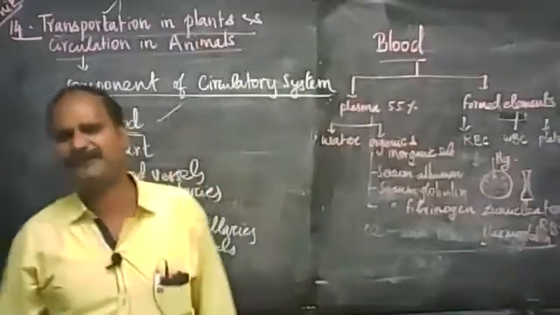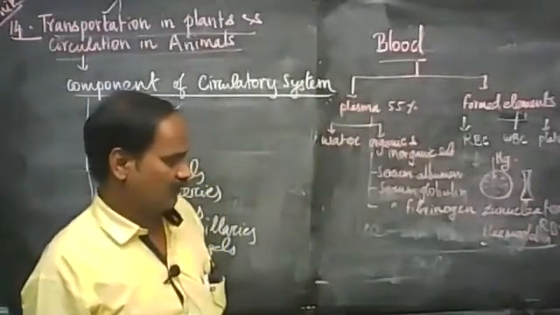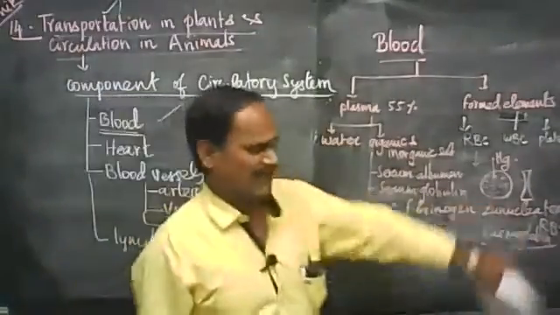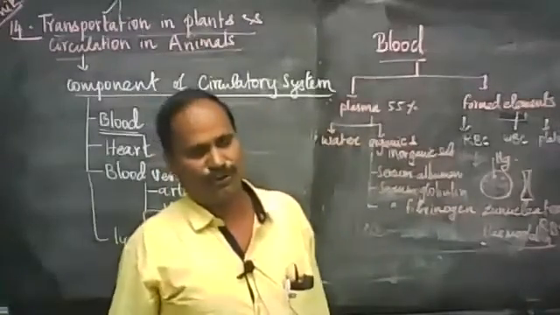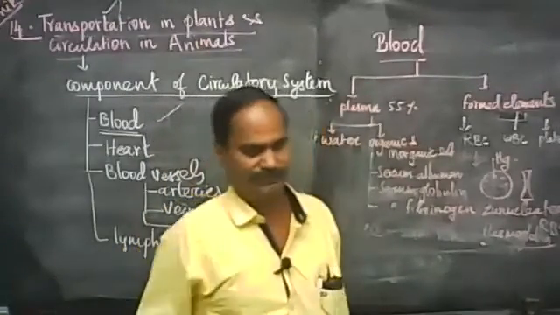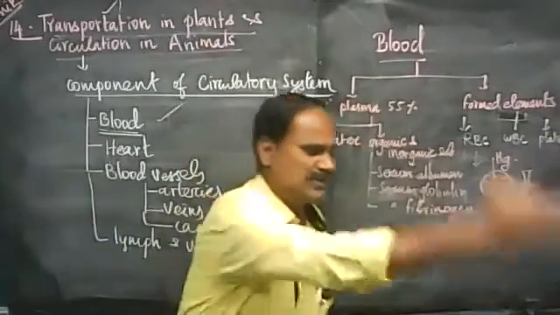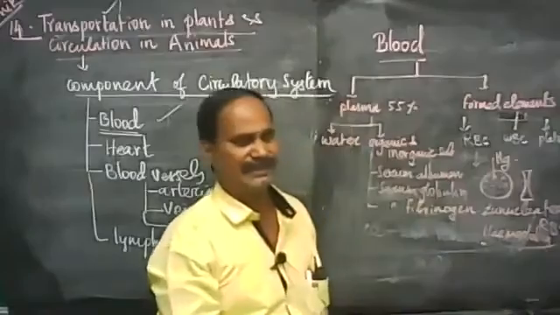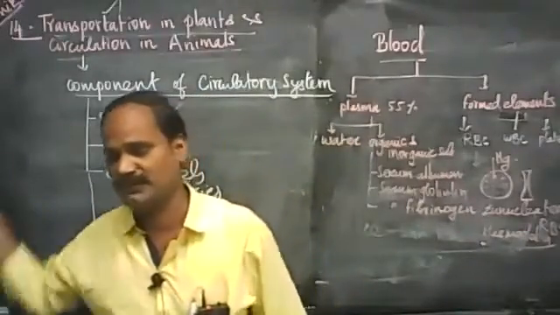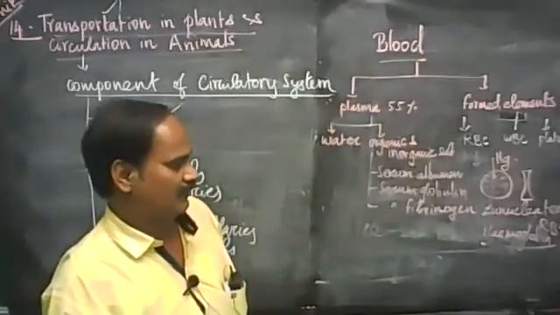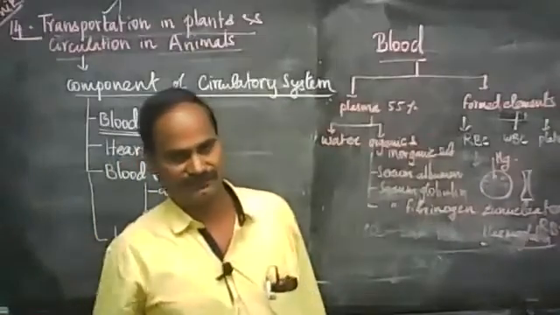Hemoglobin is the respiratory pigment. Right, this is the structure of RBC. Hemoglobin carries oxygen molecules from the lungs into the tissue. It gives oxygen to the tissue, picks up carbon dioxide, then brings the carbon dioxide into the lungs. So that is the role of RBC.